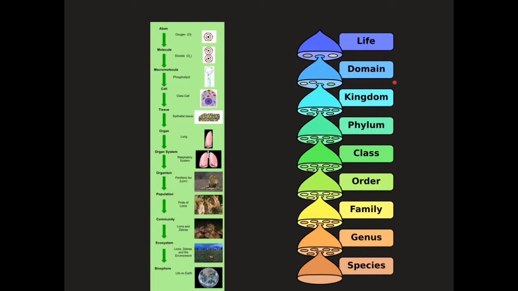And you'll notice that basically all life is divided into things known as domains. There are three main domains that biologists classify organisms in. They are the bacteria domain, the archaea domain, and the eukaryotic domain. So Eukaryota is a domain that involves all eukaryotic organisms. So that includes animals and plants and things like that.